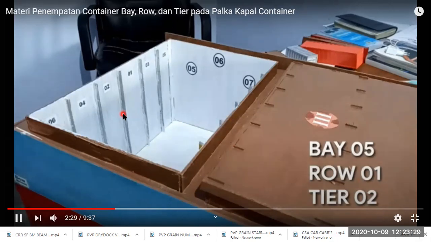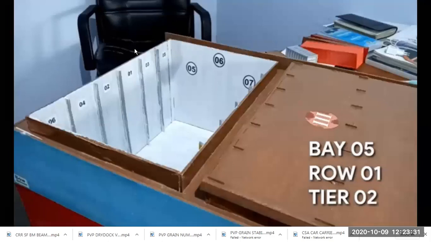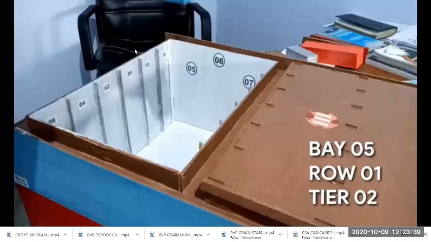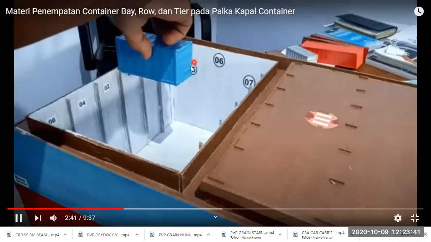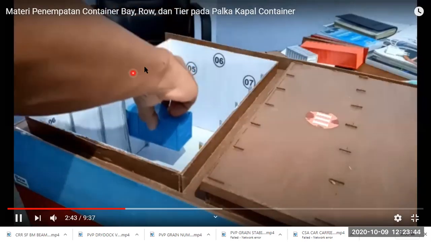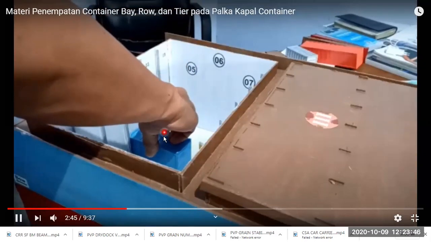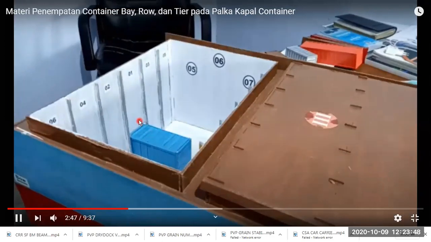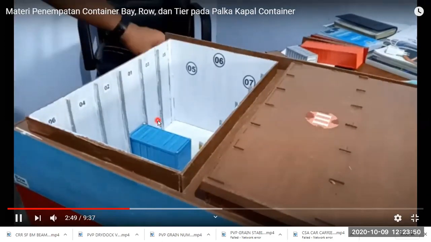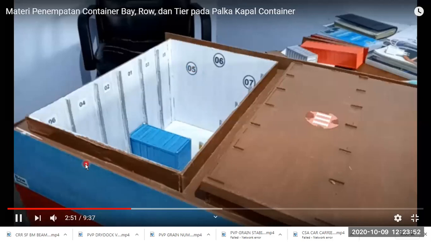Tier 02. So we place this container at the very bottom. You can see the container: bay 05, row 01, and tier 02. That means the first tier. 01 row, 05 bay, 01 row, and 02 tier.